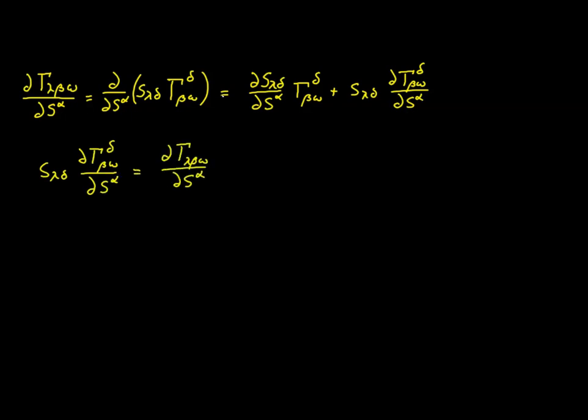So I've swapped sides of the equation. Now I need to subtract this term. But as I do that, let's remind ourselves of what this partial derivative of our metric tensor really is. Back in video 68, we learned that this is really gamma delta lambda alpha plus gamma lambda delta alpha.